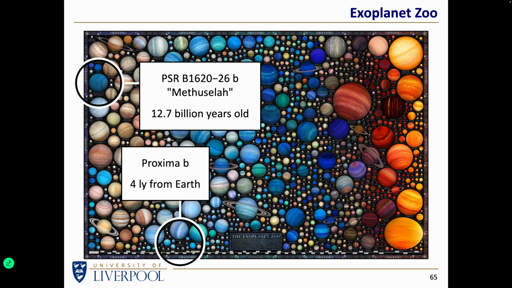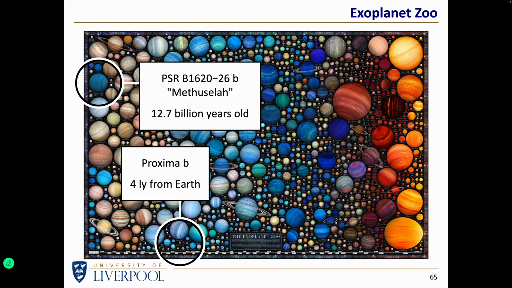Remember, the Earth is only some 4.5 billion years old, because that's the age of our Sun. So it looks like planets existed very early on in the universe. This is in the first billion years of the universe's existence. Stars came into existence and planets were there right from the off. So it's not something that's only happened relatively recently.